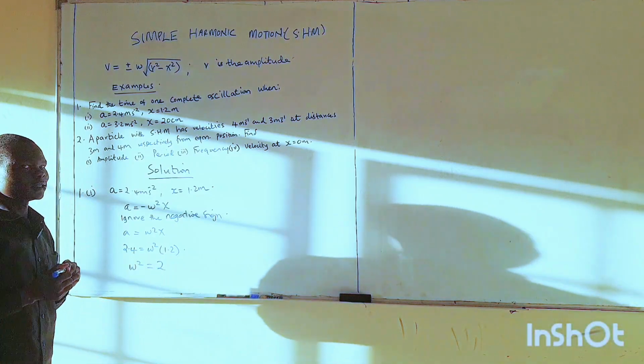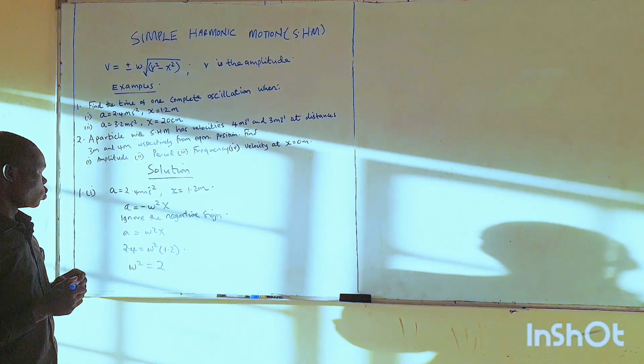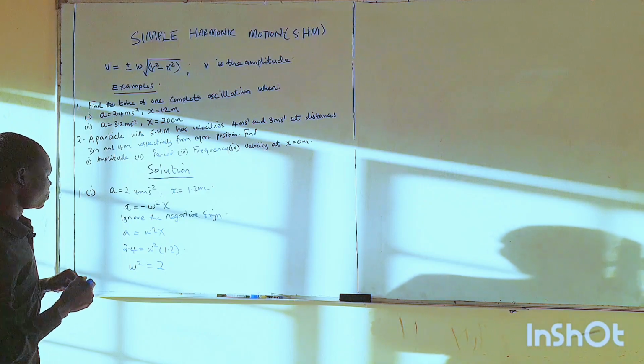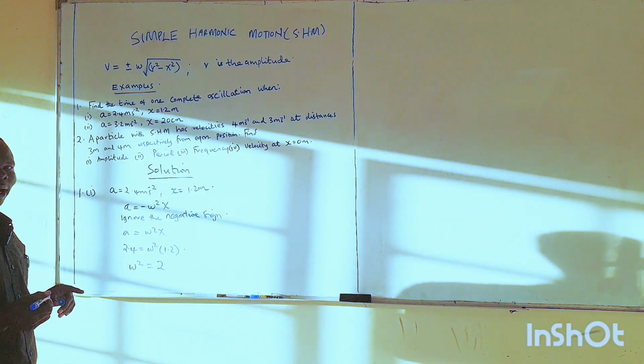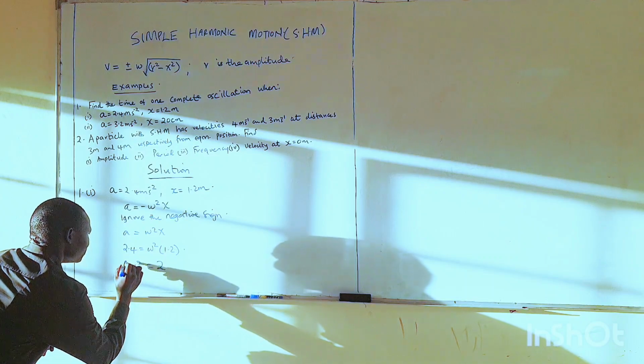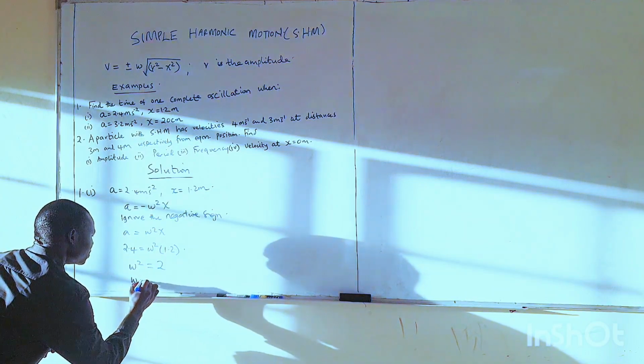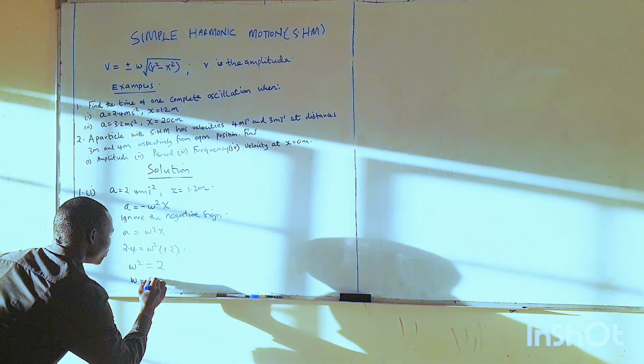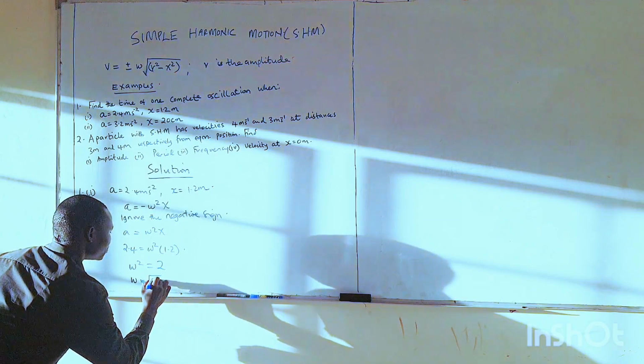So mu squared is equal to 2. Now from here, we move on to get our mu by square rooting both sides. So mu is equal to root of 2.